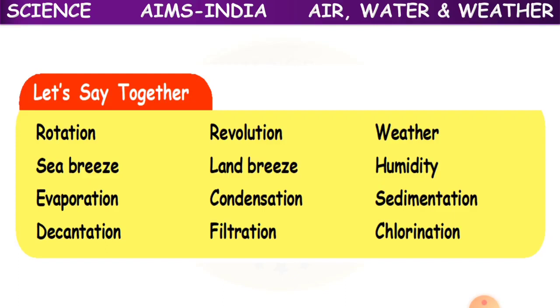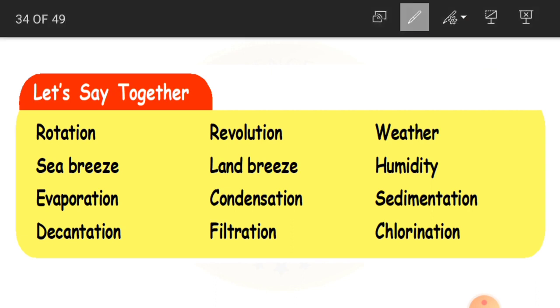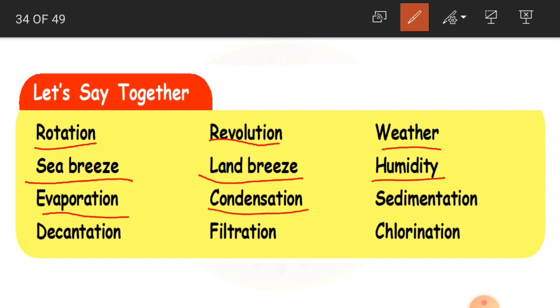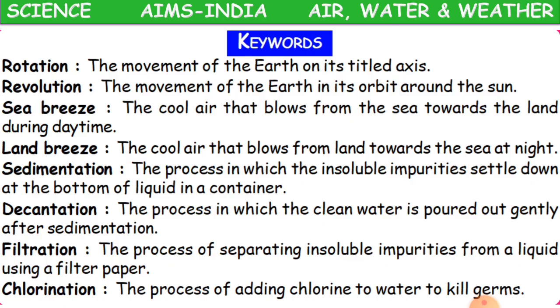Let's say together: rotation, revolution, weather, sea breeze, land breeze, humidity, evaporation, condensation, sedimentation, decantation, filtration, chlorination. Okay, children, these are all the words which we have already learnt, and now we are repeating them once again. Let us revise what all these words mean.